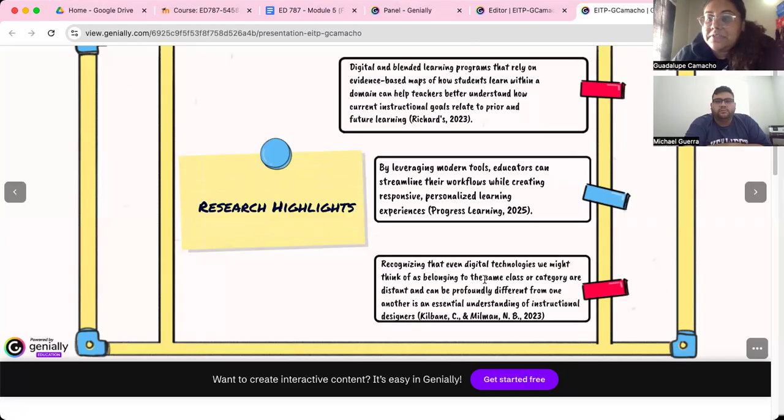We don't want to consider websites like Canva to be our differentiation. We've got to think deeper and think about what's going to benefit our students with what we're presenting or what we're doing with technology. And that's pretty much it.